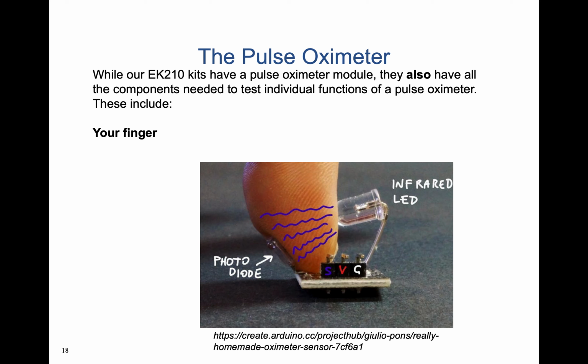And the final thing you have, not really as part of your kit, but as part of your person, is a finger. So with those 2 LEDs and that sensor, you can create a system to test your pulse oximeter. I think that will be part of an exercise that we will do in class and in our assignments.